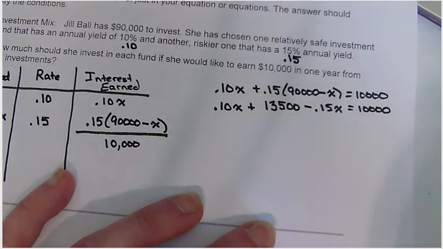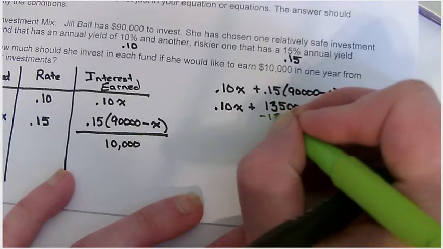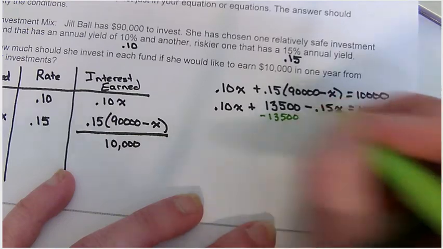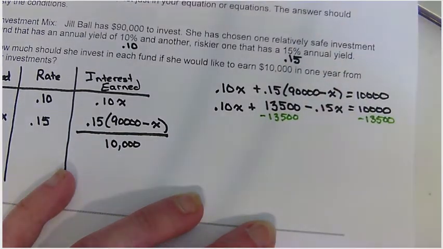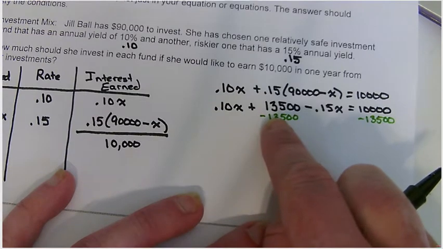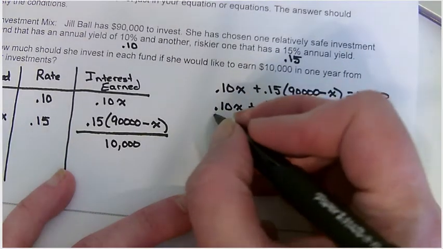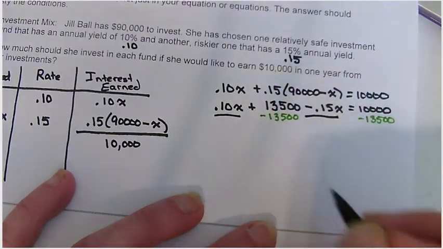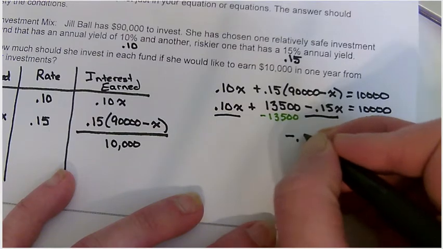And my printer just started printing, so ignore that in the background. Now notice this was on the other side of the equal sign, so I had to subtract it from both sides. These are on the same side, so we just combine like terms and get negative 0.05x.